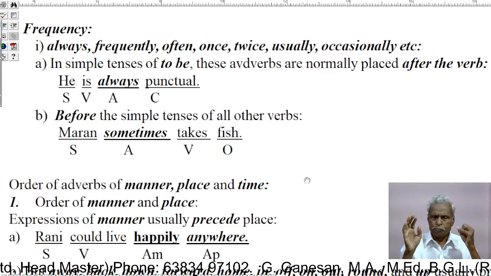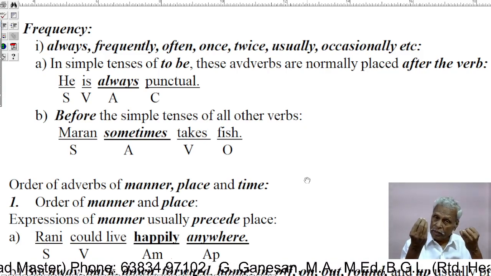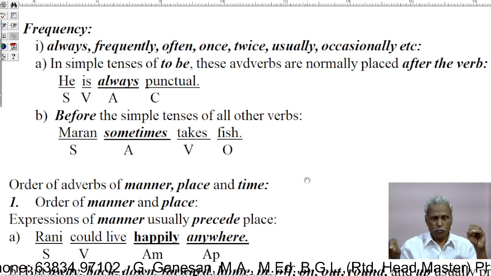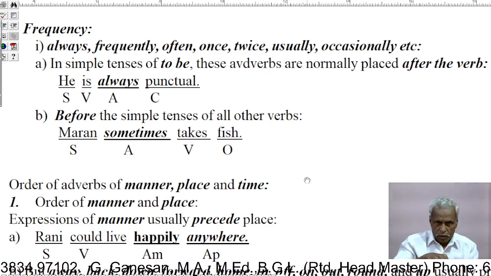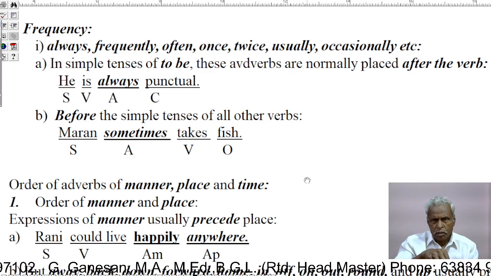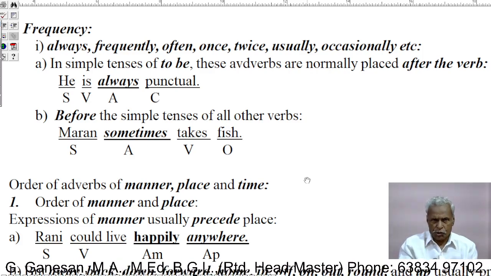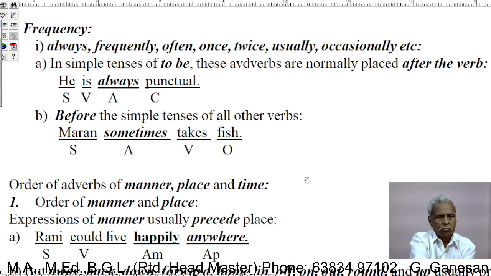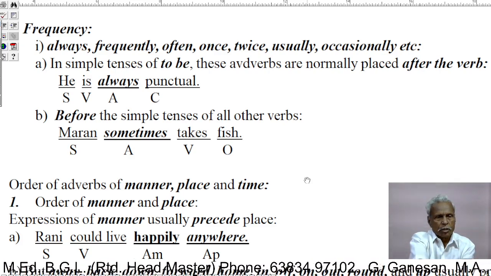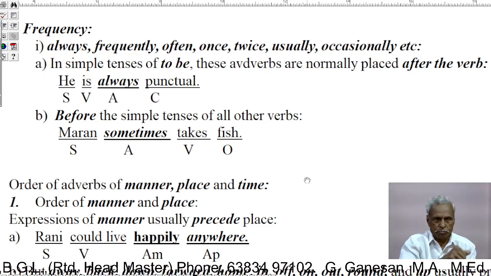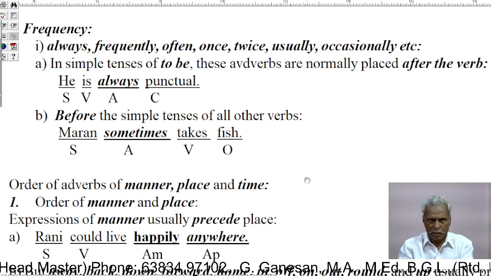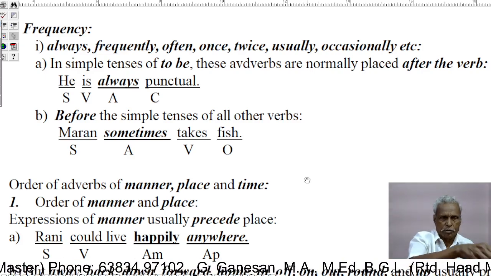Yes, is is a be verb. When there are other verbs except be verbs, the adverb of frequency should be placed before the verb. With a be verb, it should be placed after the be verb. With other verbs, it should be placed before the verb.